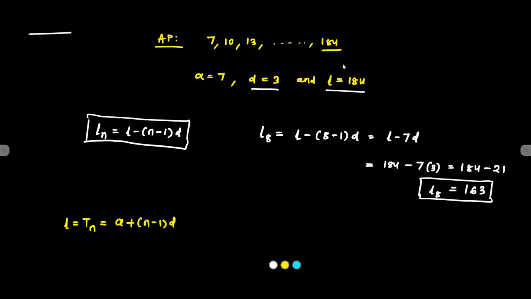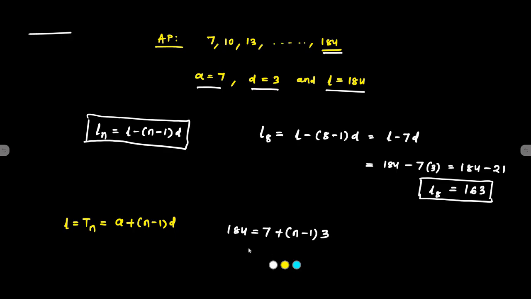Here deliberately we have chosen the last term, because if we pick the last term and substitute it in this equation, the particular n value will give us the total number of terms that are present. So here 184 is equal to a, which is 7, the first term, plus (n minus 1) into the common difference, which is equal to 3.